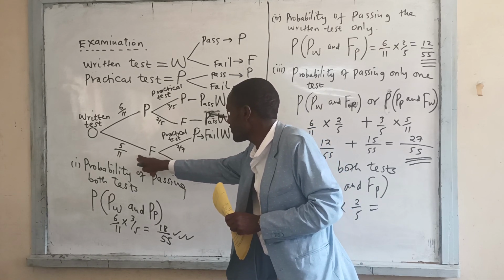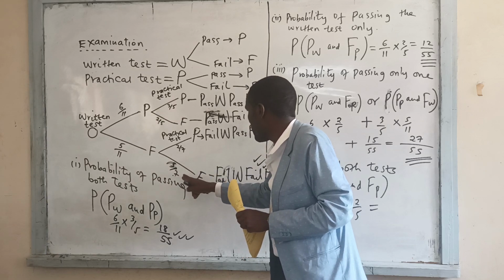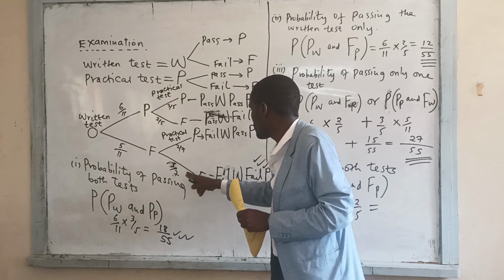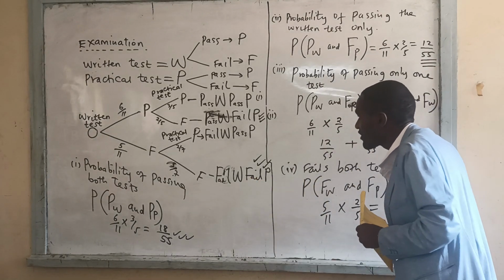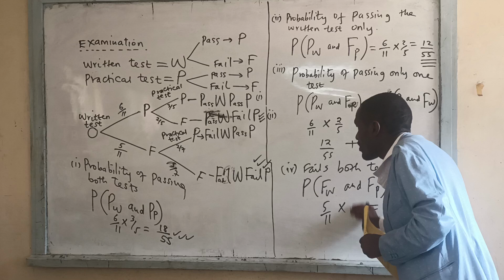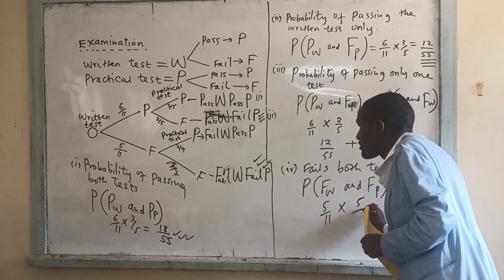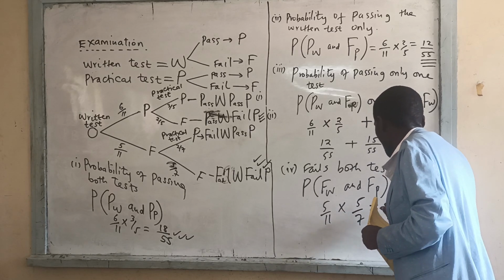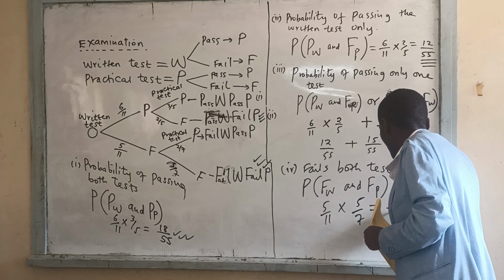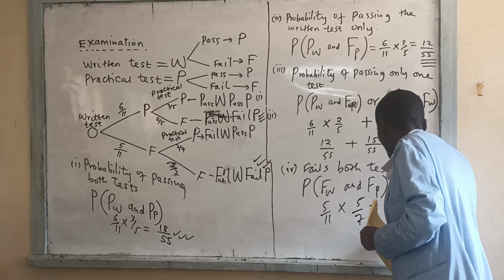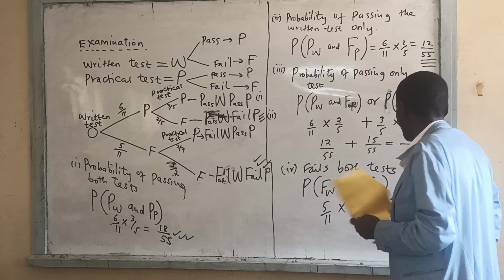Written test fail, 5 over 11. Practical test fail, 5 over 7. So we say 5 over 11 times 5 over 7. Correct. That gives us 25 out of 77.